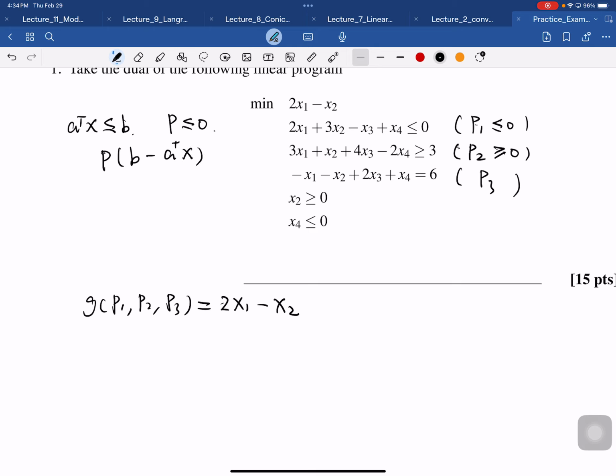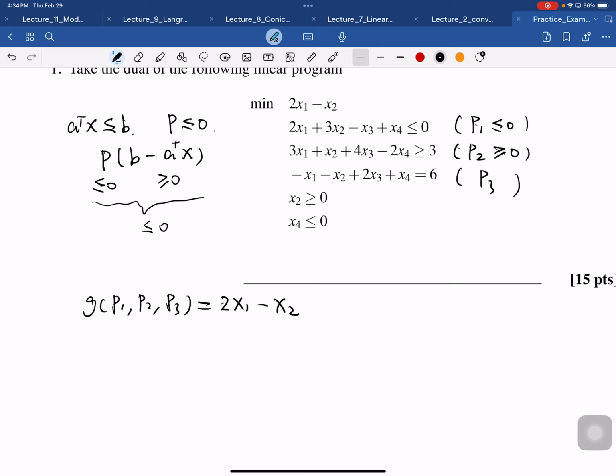Then since p is less than or equal to 0, and b minus Ax is greater than or equal to 0, this whole thing is less than or equal to 0, right? Then you add a less than or equal to component to the objective. Okay, so that's the way you are going to create the Lagrangian dual. If you are not familiar with this logic, you can check lecture 7 again.